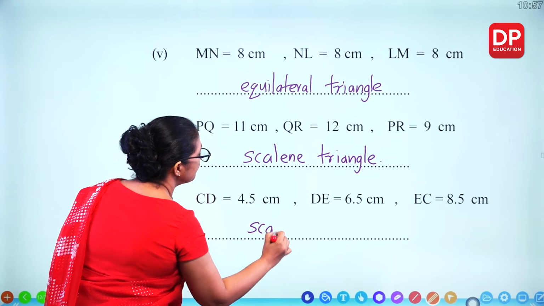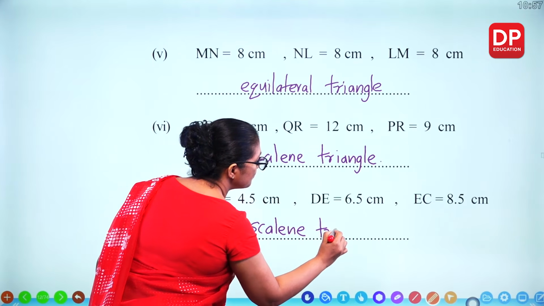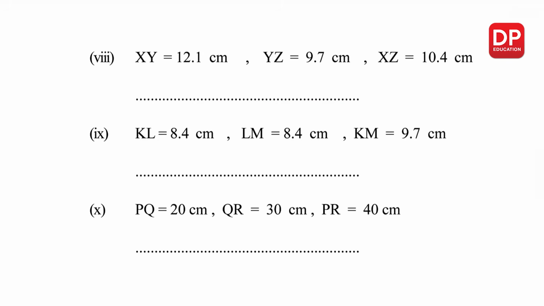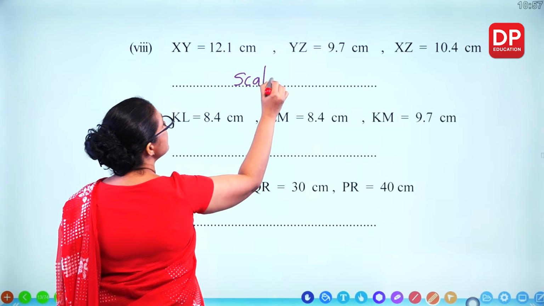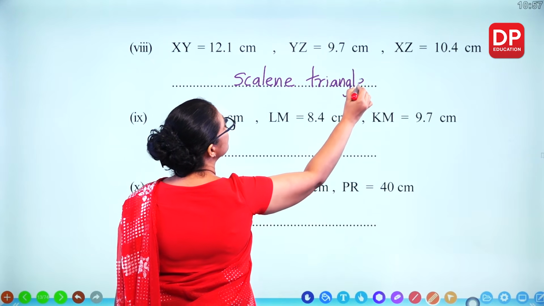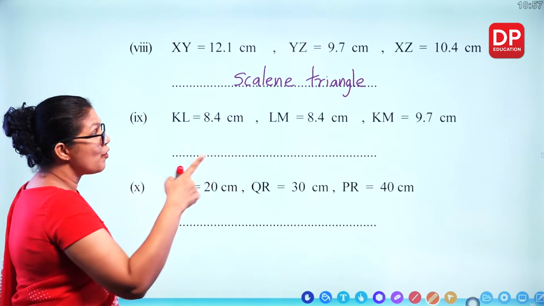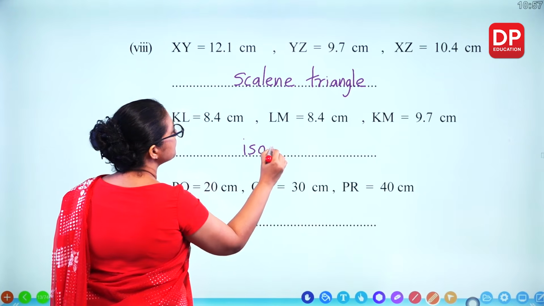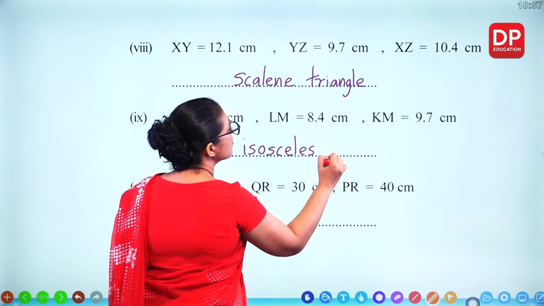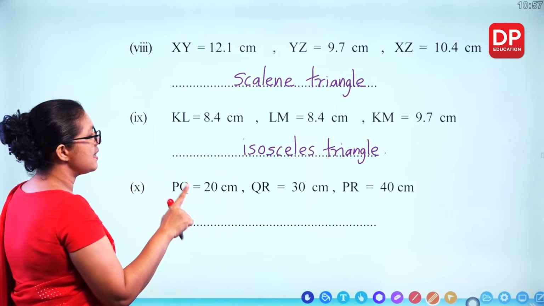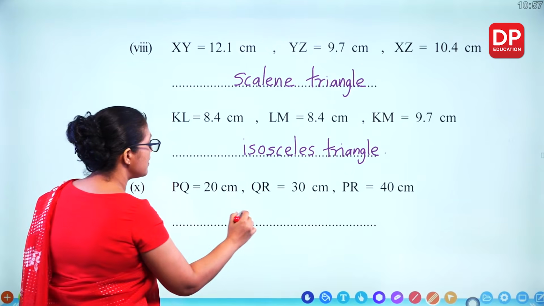Scalene. 12.1, 9.7, 10.4. All are different. Scalene. 8.4, 8.4, 9.7. Two lengths are equal. Isosceles. 20, 30, 40. All are different. Scalene.